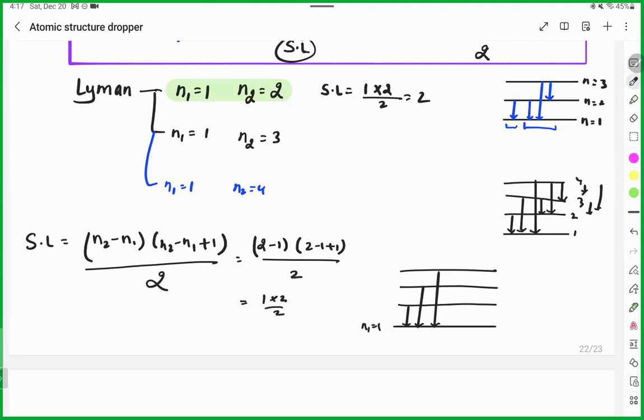Correct. Let's see what the spectral line count will be for n2 equal to 3. 3 minus 1 will be 2, and 3 minus 1 plus 1 is 3, divided by 2. So this was correct, na?